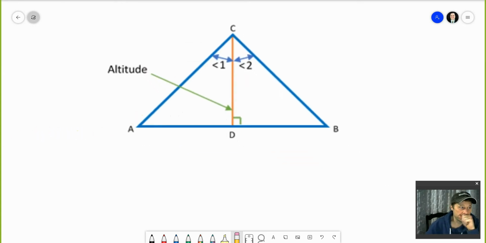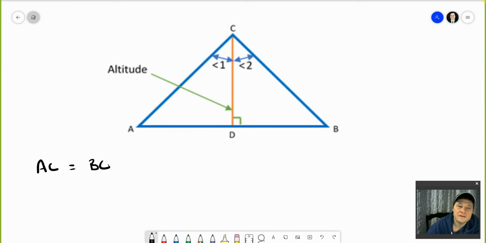Okay, principle 8 says, in an isosceles triangle, an altitude to the base bisects the base and the vertex angle. So remember, in an isosceles triangle, the length of AC equals the length of BC, right?